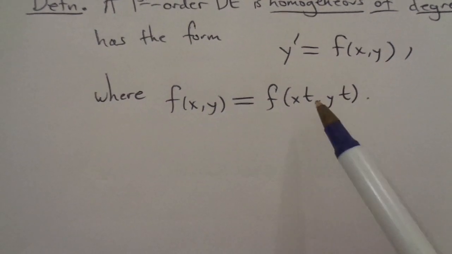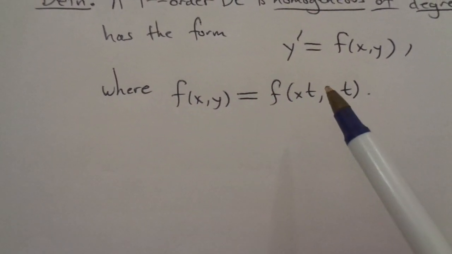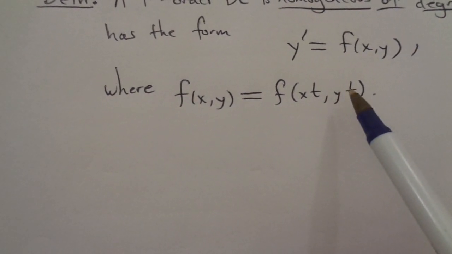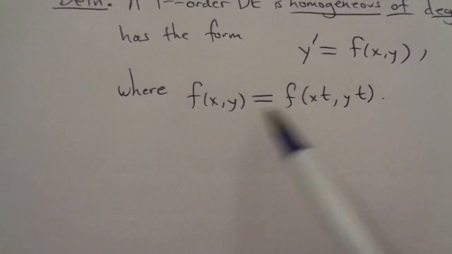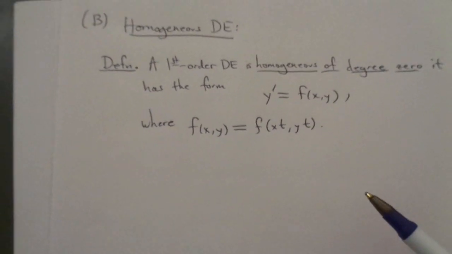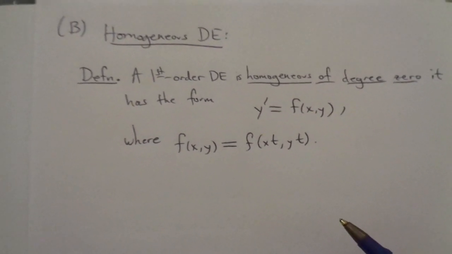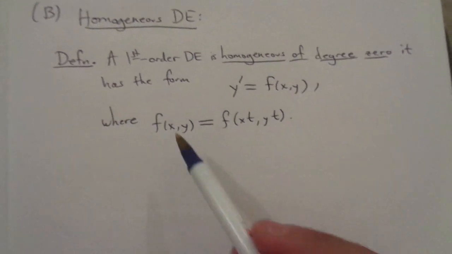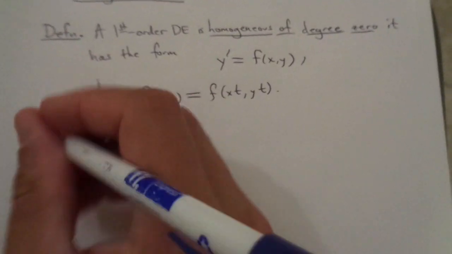If you do that and you put xt everywhere you used to have just x, and you put yt everywhere you used to have just y, and if they're the same, meaning that the t's essentially just cancel out from the differential equation, then we call the differential equation homogeneous of degree 0. So this is what we're talking about.